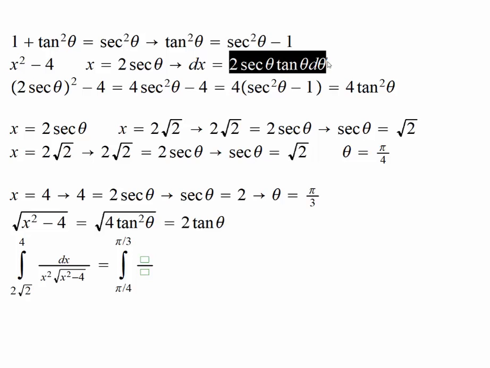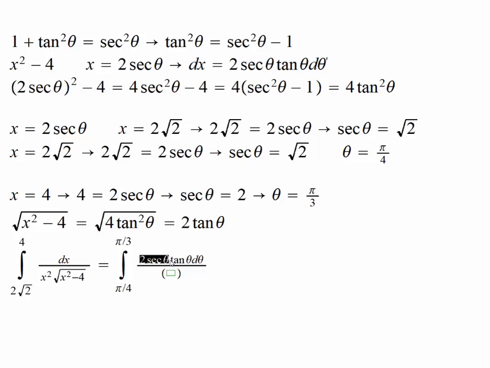So here for dx we get 2 secant theta tangent theta, and here for x square we will get 2 secant theta square, right? And then here we have simply 2 tangent theta.